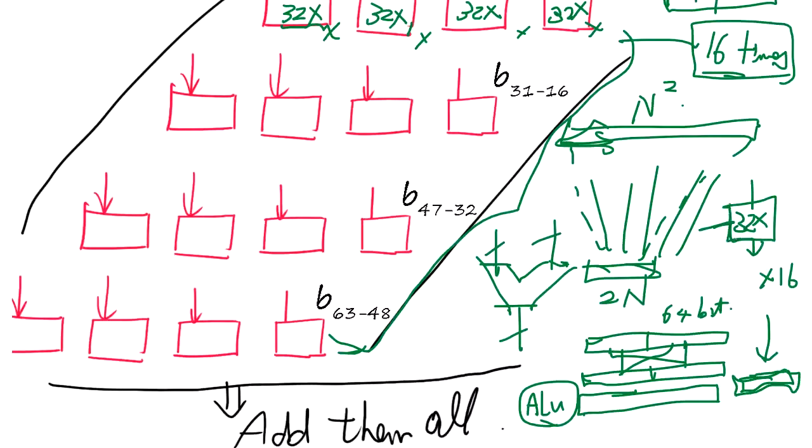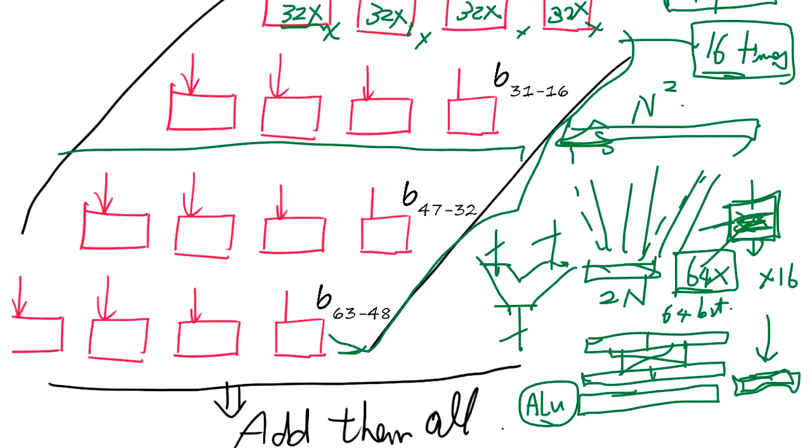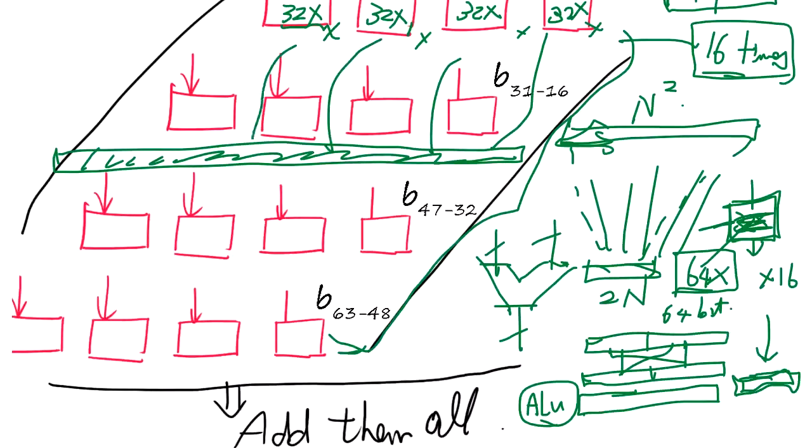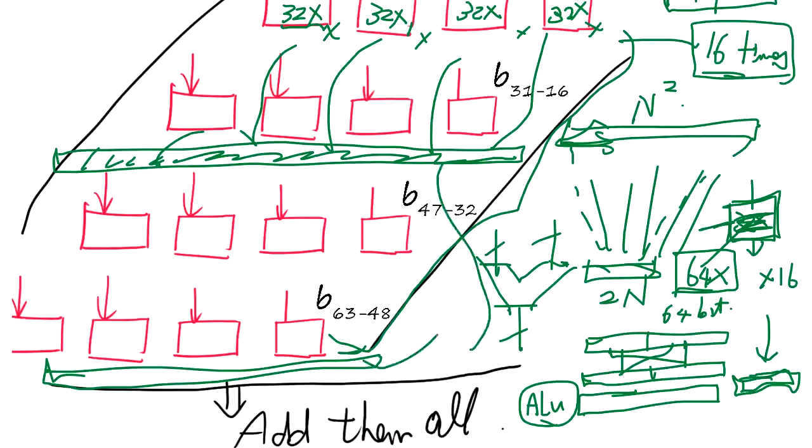Nowadays, since integration is so high, the ALU has a 64-bit multiplication unit. But even then, in order to make it pipelined, you have a long register, and the intermediate result is stored in the register, and then added again.